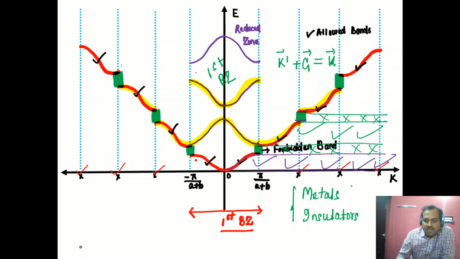In case of metals, the energy of the electrons is very large compared to the potential imposed by the ions.